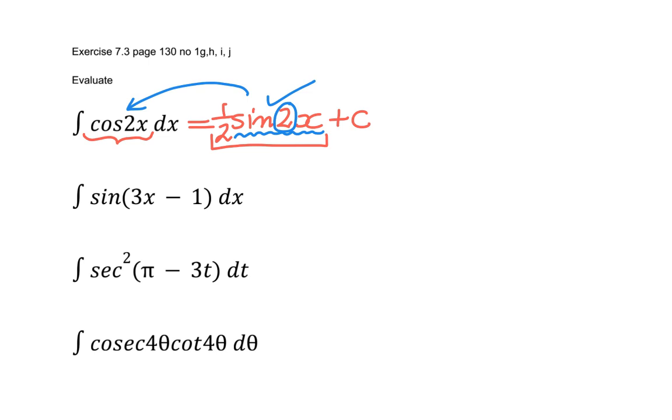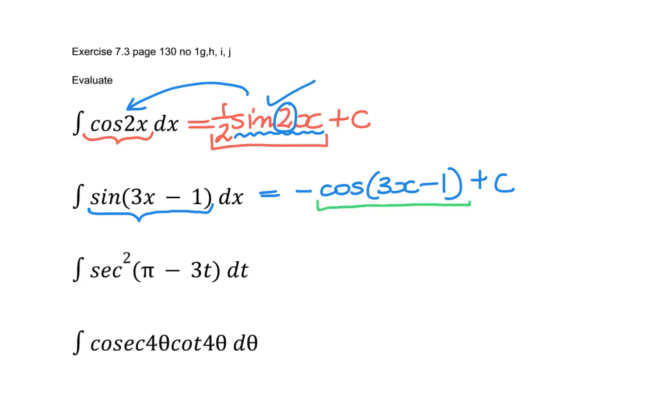Try the next one. Integral of sine of any angle is negative cos of that angle plus c. Okay, from the table of derivatives, have the table in front of you, at your nose. Is that all? Well, if I just think about inspection, I can write it on the side for myself. If I want to differentiate cos of 3x minus 1, with a minus in front, what do I get?